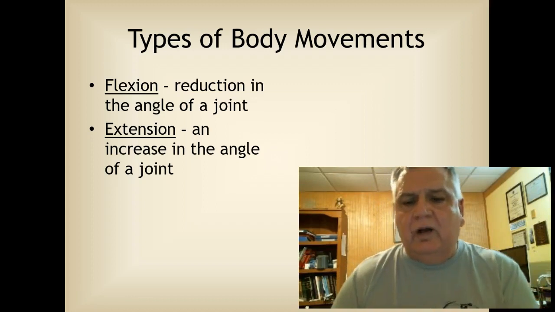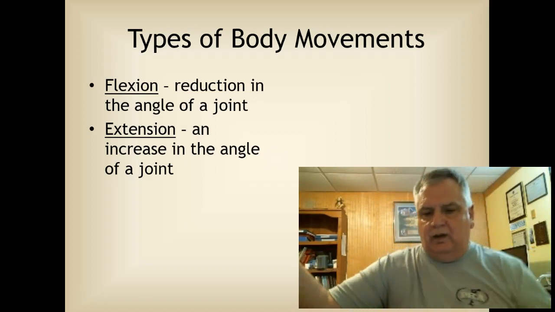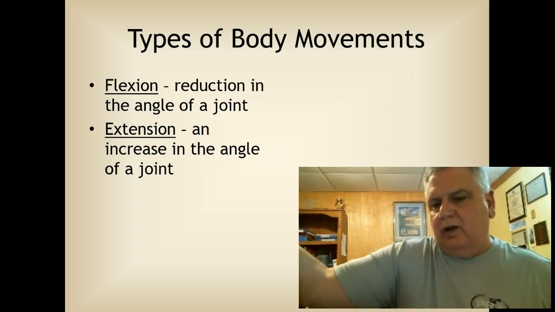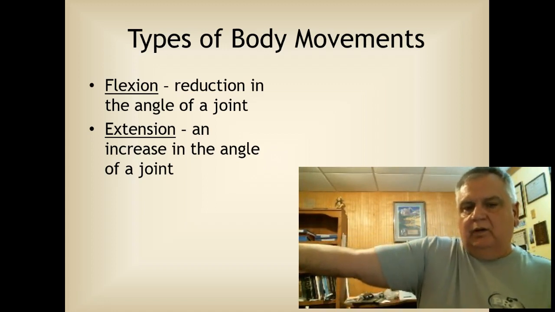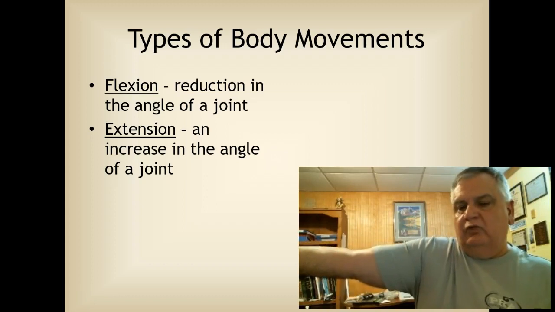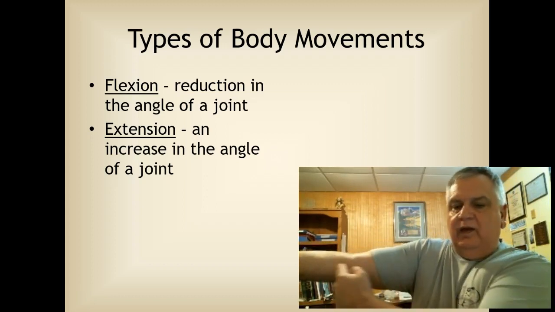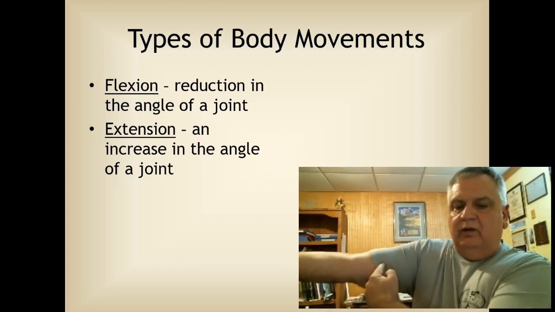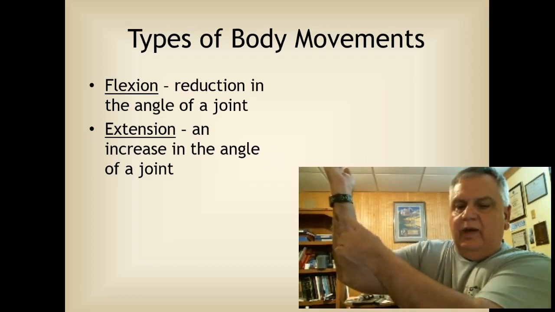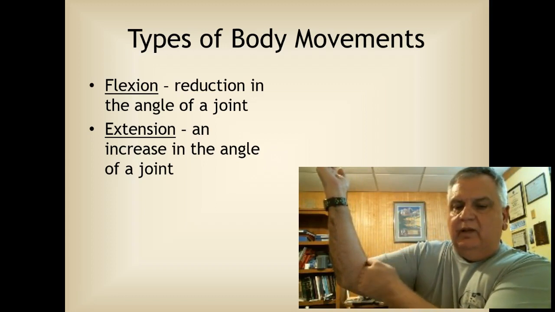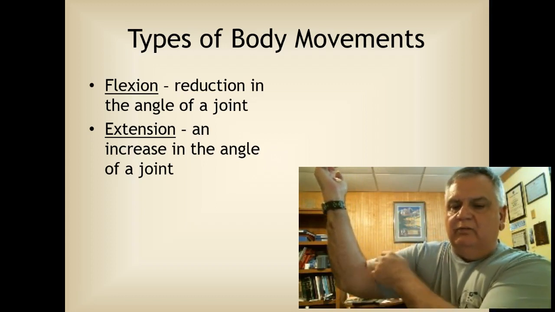Okay, so when we talk about flexion, let's take the elbow joint. I can see the angle is about 180 degrees. But if I contract my bicep muscle, I can pull the angle of that joint to something less than 180 degrees, maybe 90 degrees. So I'm decreasing the angle of the joint.